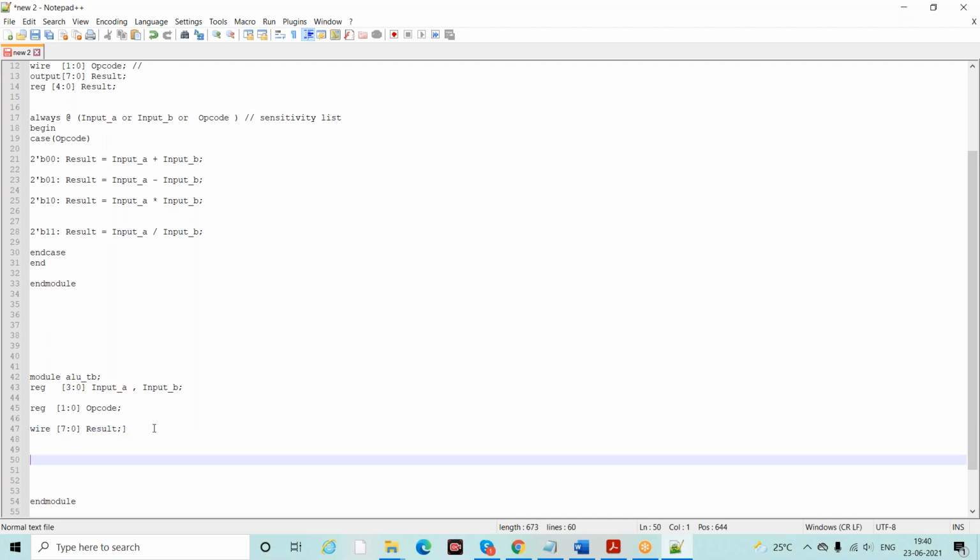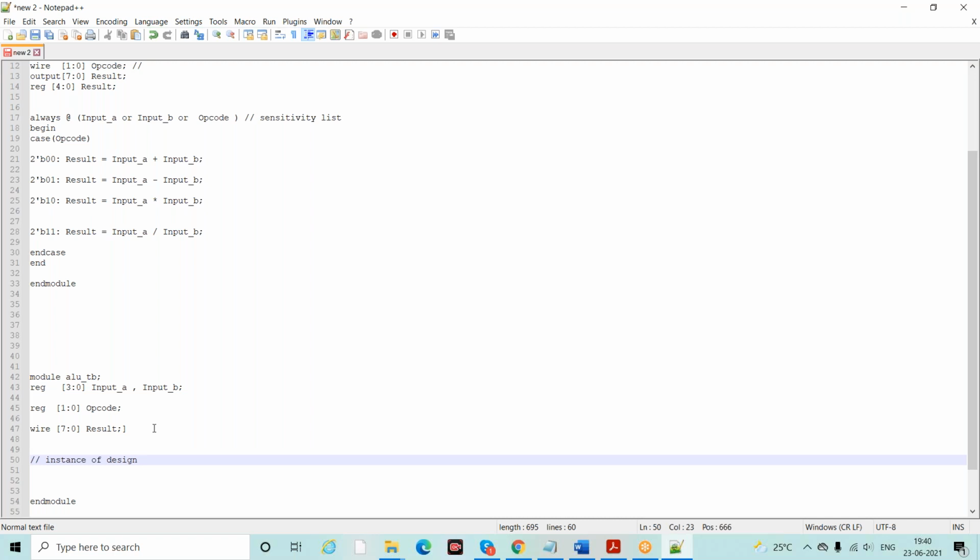So second step, get the instance of the design. We have two techniques here. I hope you're familiar with that.